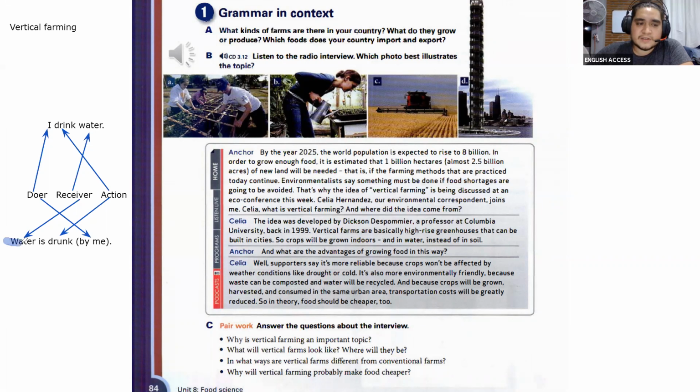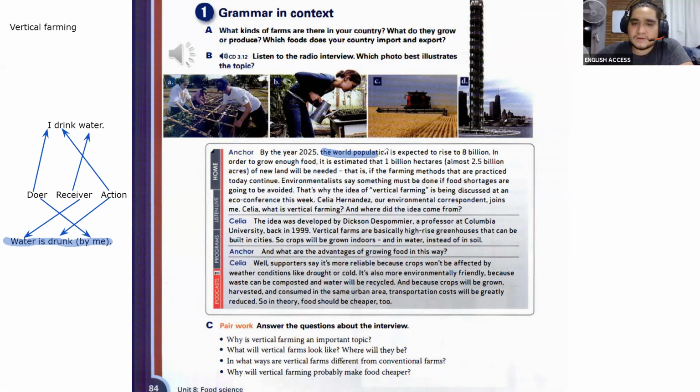Remember that the structure has to be like this. So, which is the first? Emmanuel. I'm still reading. Is expected.